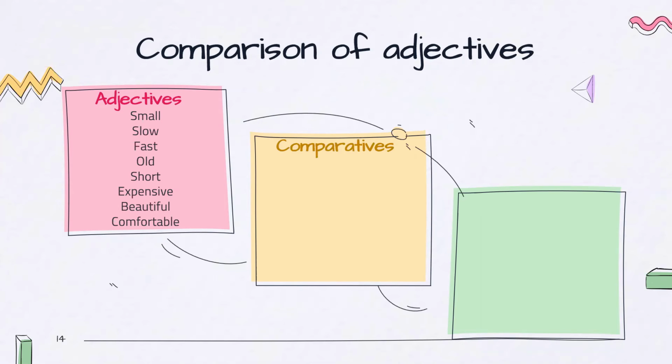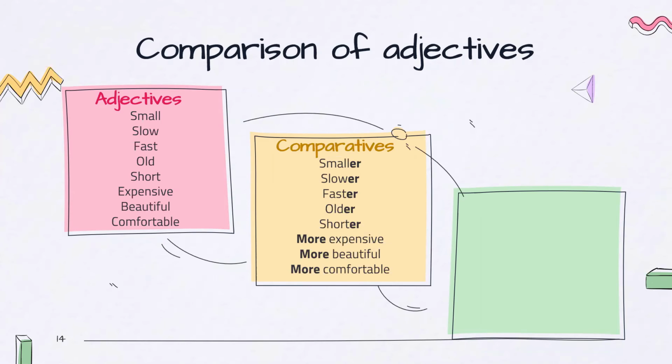The comparatives are smaller, slower, faster, older, shorter, more expensive, more beautiful, and more comfortable.